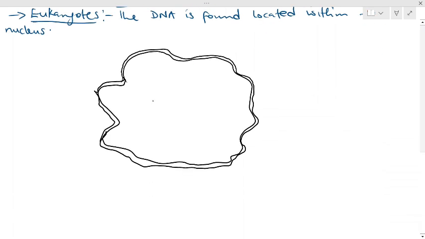So within the space of the eukaryotic cell is found the nucleus.